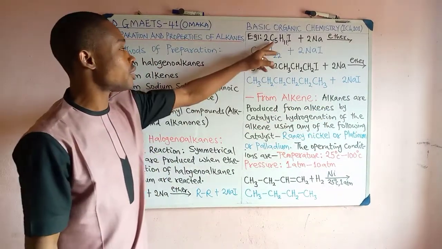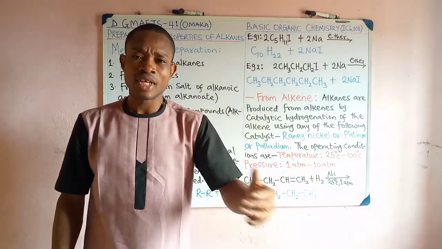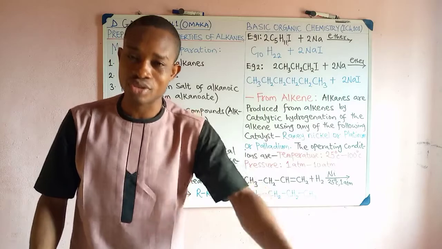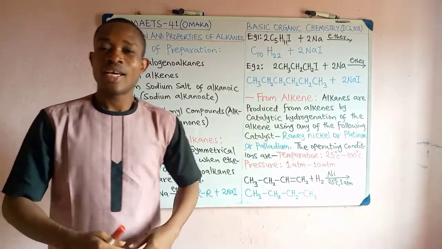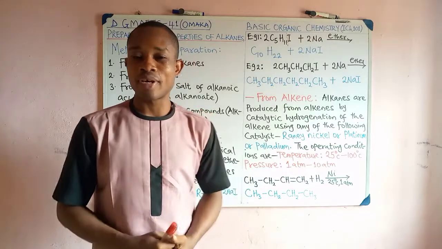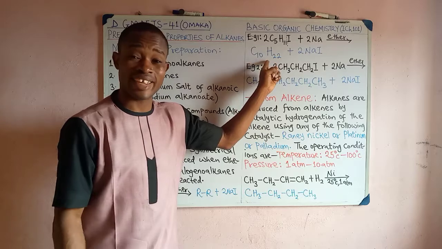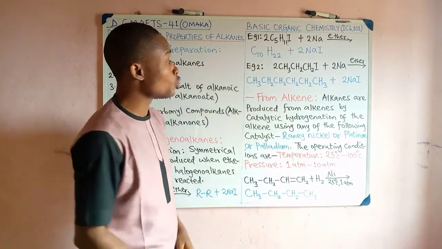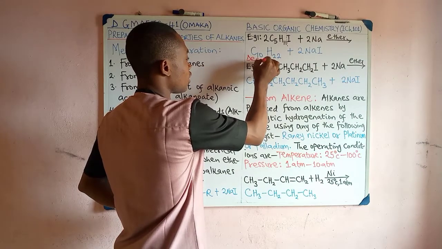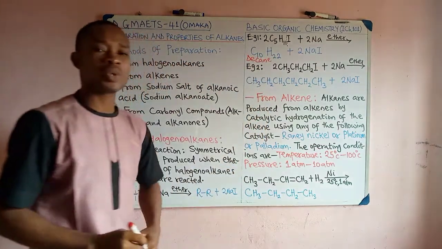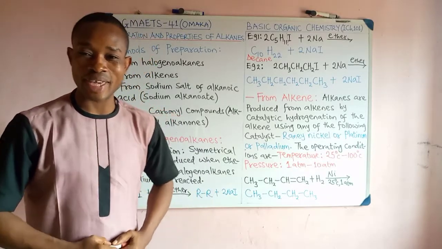So what's going to happen to this C5H11, which is the alkyl, pentyl there? The pentyl will be doubled. So the 5 carbon atoms will be multiplied by 2, giving you 10. And the 11 hydrogen atoms will be multiplied by 2, giving you 22. So you have C10H22, and this is decane, a full alkane. So that's actually what happens in the Wurtz reaction, where we obtain alkanes from halogenoalkanes.